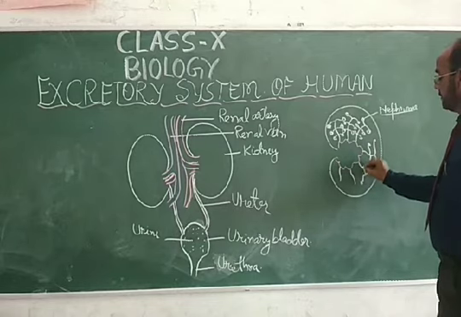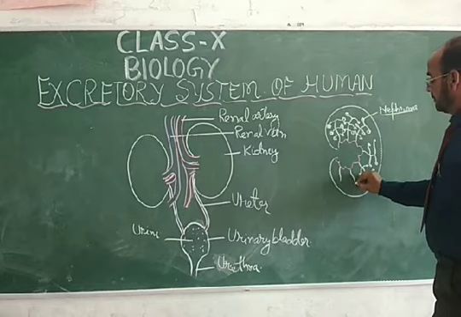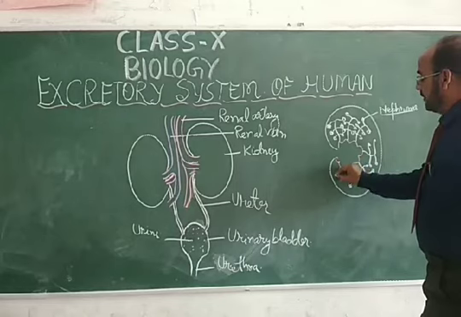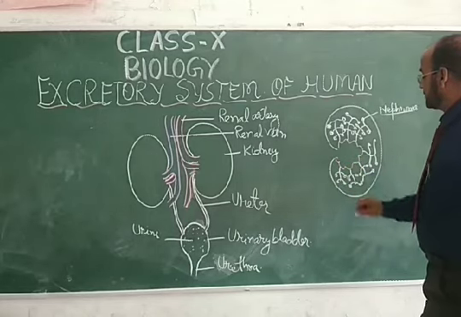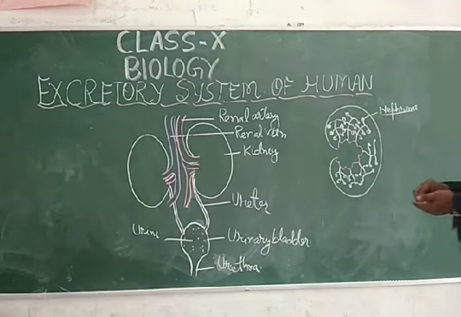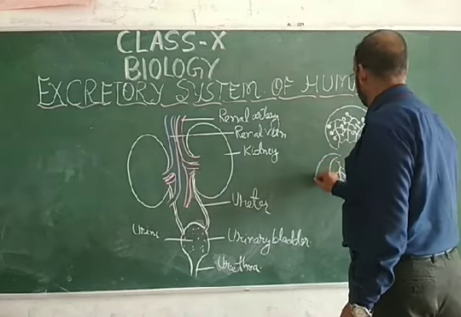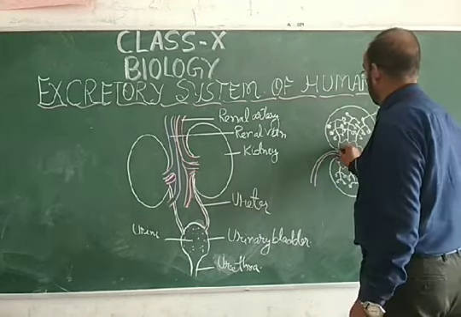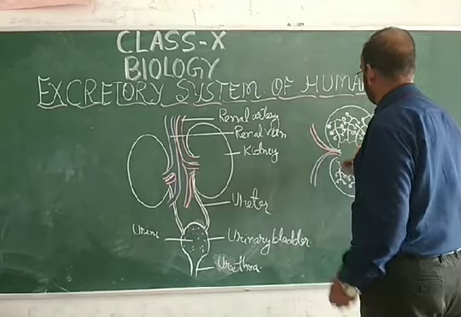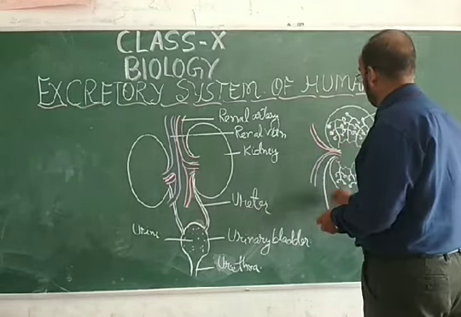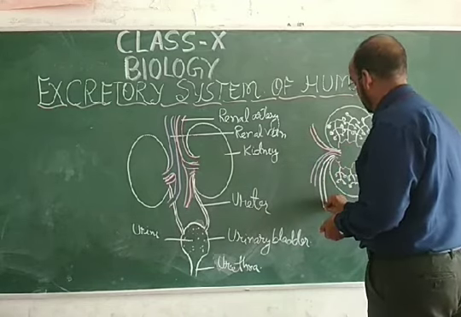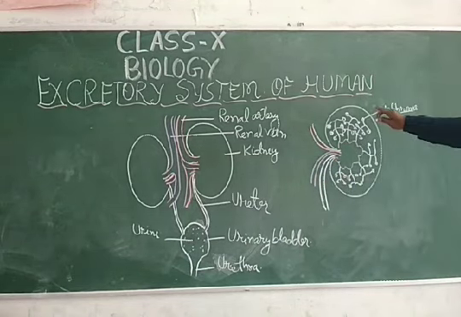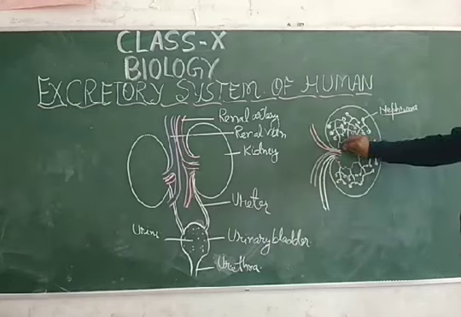Each nephron has different structures, and when you go to the anatomical structure as well as the physiology of this kidney, you will find the complete structure of the nephron. The kidney is supplied with the renal artery and renal vein, and the urinary bladder is connected with the ureter. So this is the internal anatomical structure of the single kidney.